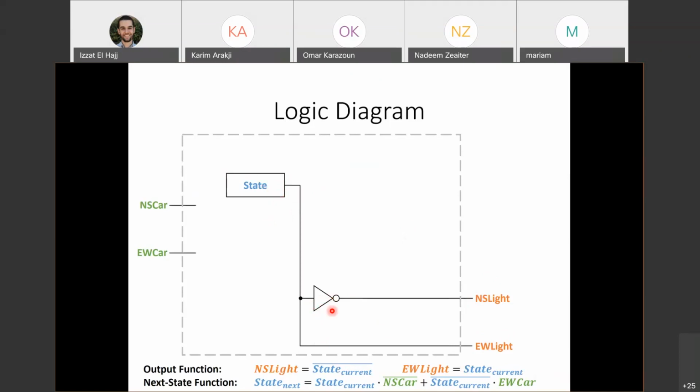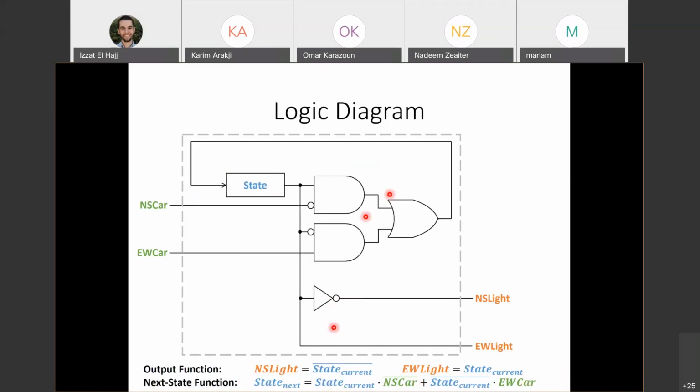And then finally, I'm going to implement my next state function, and my next state function is going to take my current state and the inputs as an input. It's going to implement this equation. So here I'm going to have state current and not NS car, or not state current and EW car, and this is going to give me my next state at the output of the OR gate.